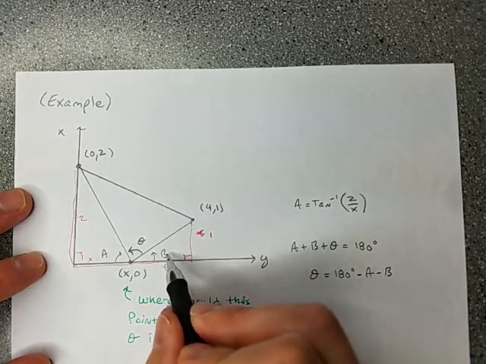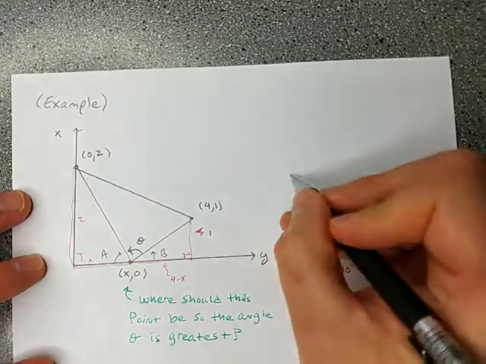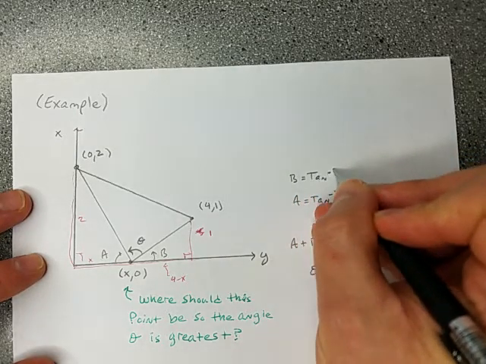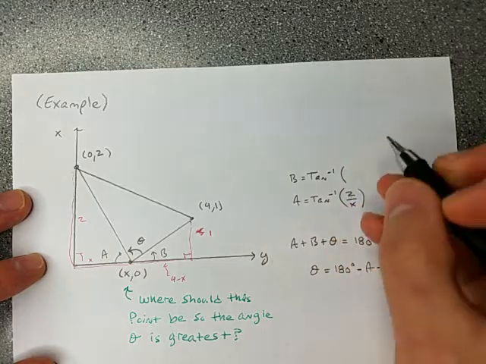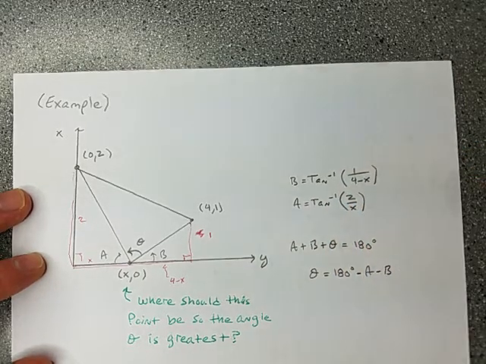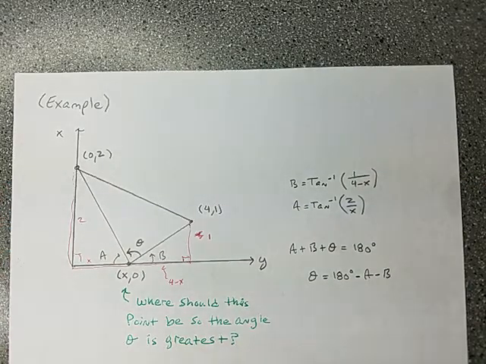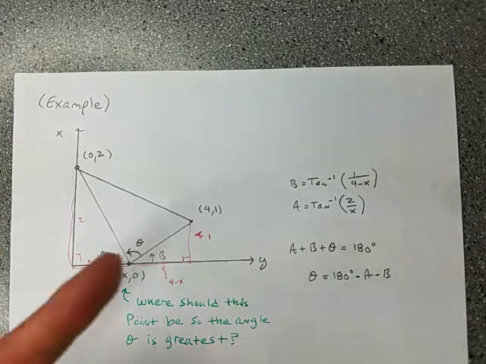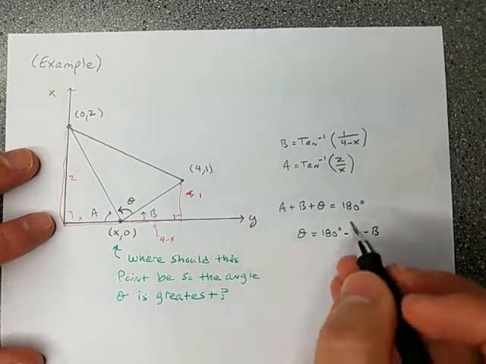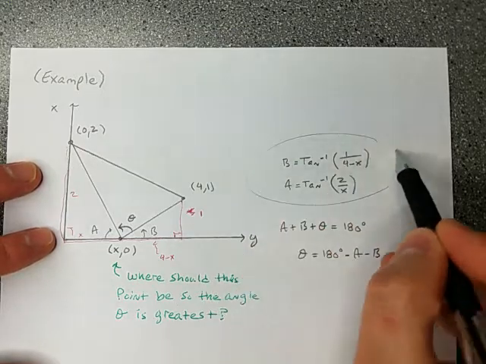So I can find angle B. It's going to be tangent inverse of 1 over 4 minus x. That will get me theta to be a function of the location of that point. So let's put these together.